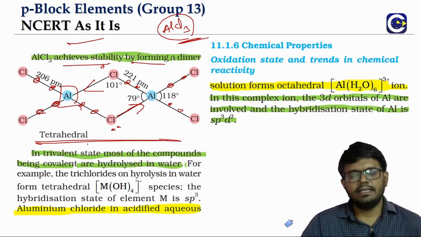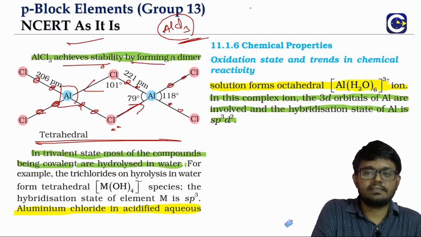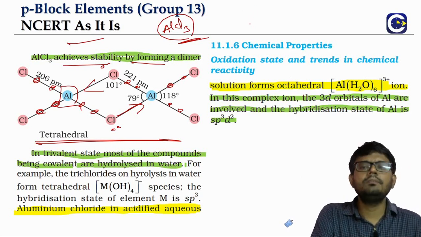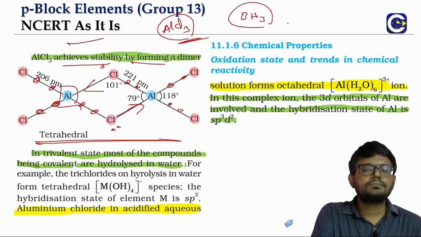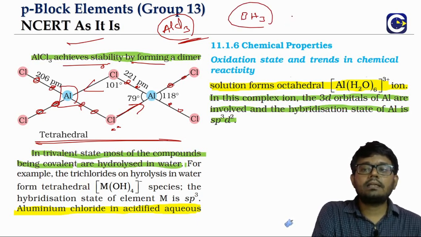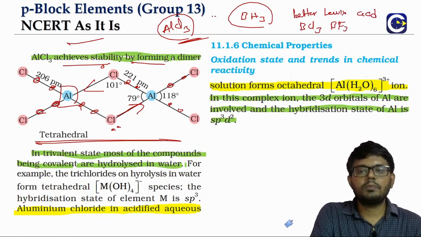And here, in terms of the Lewis acid characteristics, what we will be seeing is that BH3 will be able to act as a better Lewis acid than BCl3 or BF3. This is another popular question. Why?